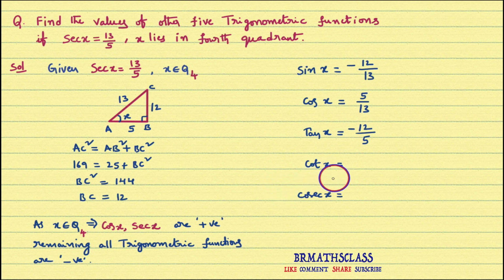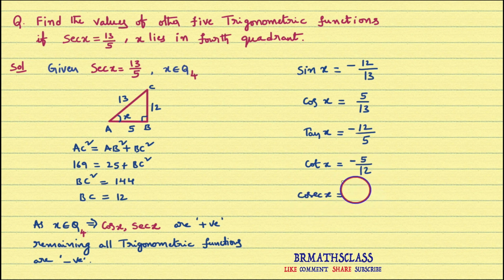Now cot x. As per the definition, cot x is defined as adjacent side by opposite side: 5 divided by 12. As x lies in the fourth quadrant, only these two are positive, the remaining are negative. So cot x is negative, and we write cot x equals minus 5 by 12. Now cosecant x.